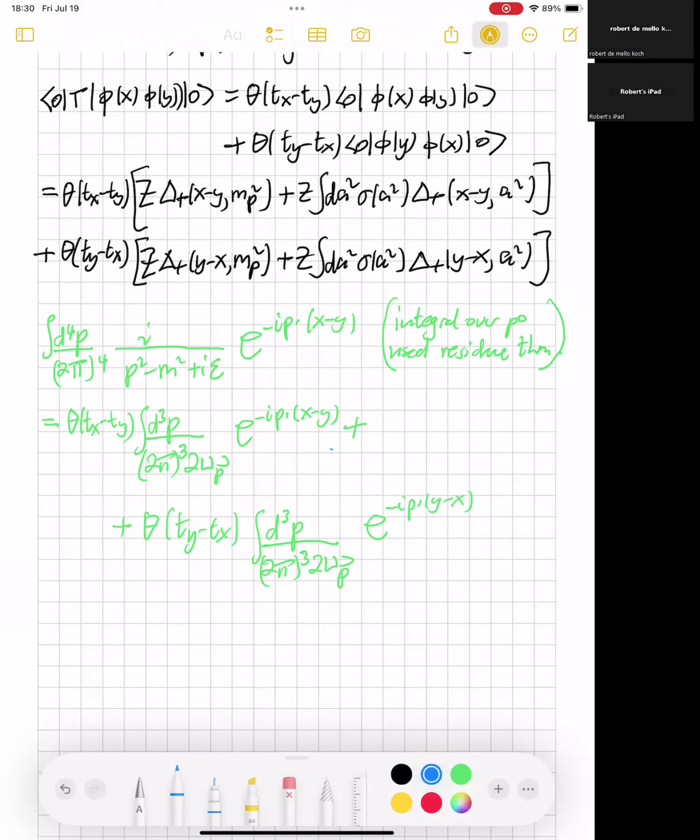And remember, in both of these exponentials, p⁰ has been set to ω_p.